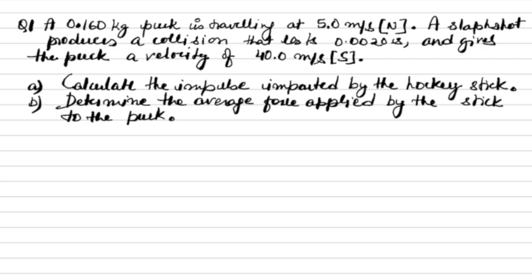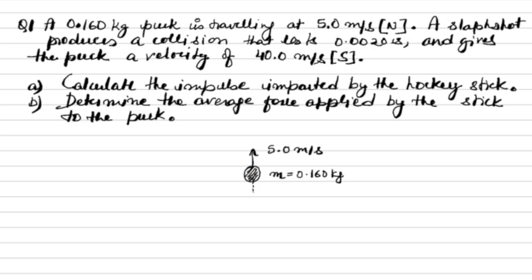So here is a puck, and its mass is given, 0.160 kg, and it was going 5.0 meter per second north, upwards. The slap shot is a collision with the hockey stick, and it moves downwards afterwards.